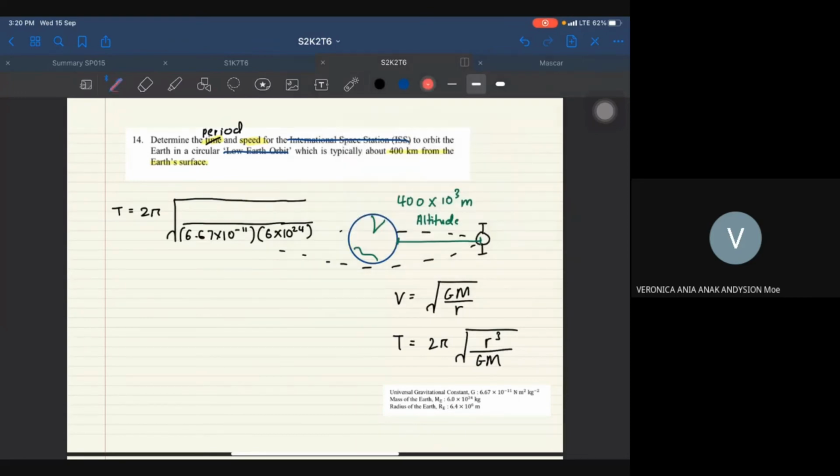Anyway, what will R be here? Do we need to add? Yes, add. This will be RE, the radius of the earth, plus the 400.